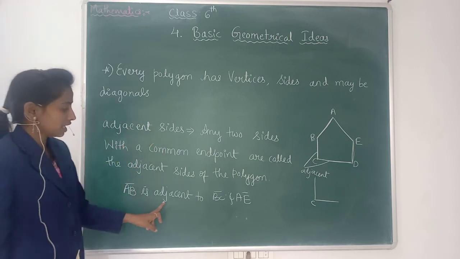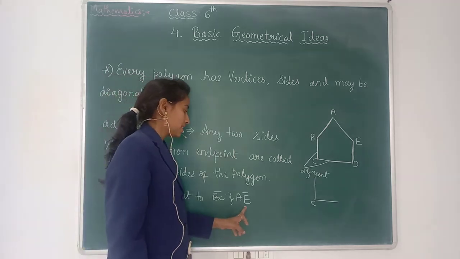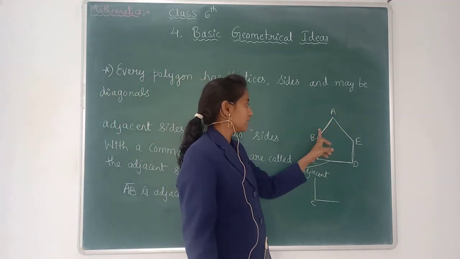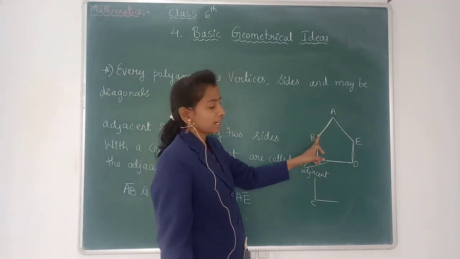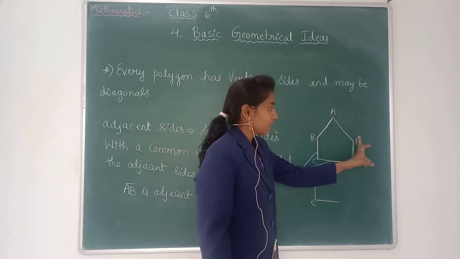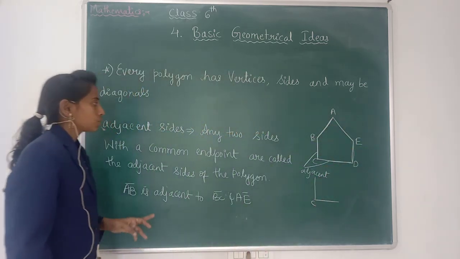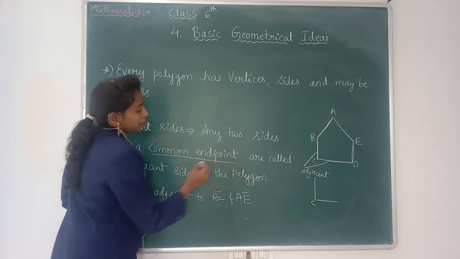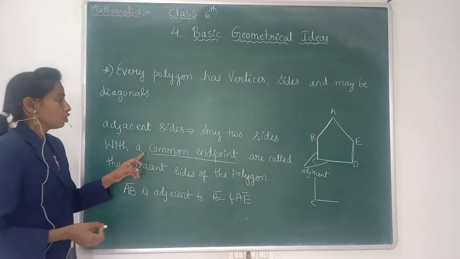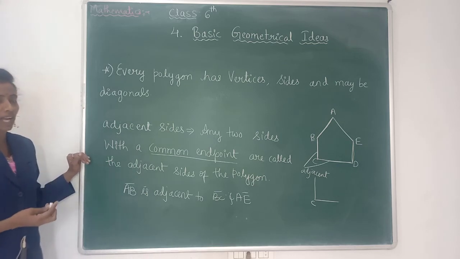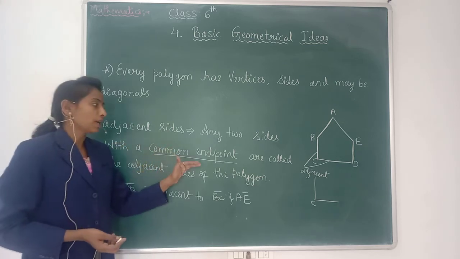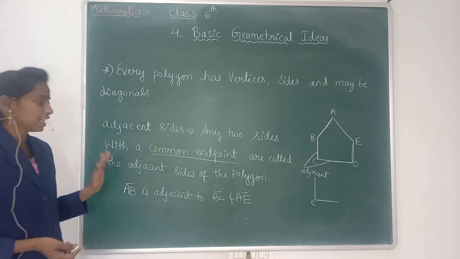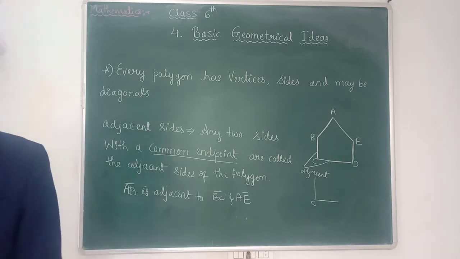So AB is adjacent to BC and AE. AB's adjacent sides are BC and also AE. So adjacent sides means they have a common end point. Take any two sides, if they have a common end point, then they are called adjacent sides.